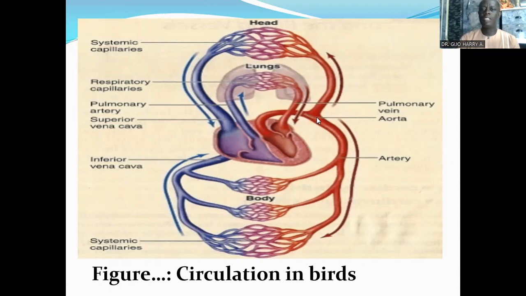It enters the systemic circulation through the aorta, and is then sent to the area around the head.